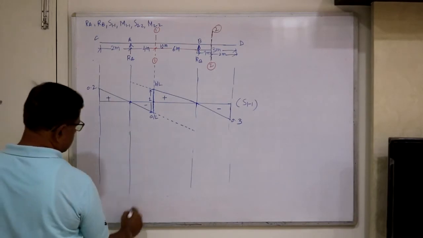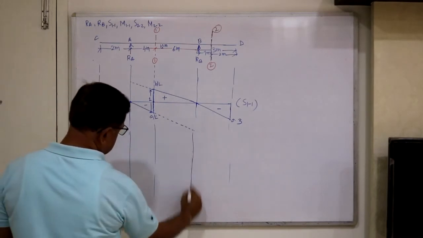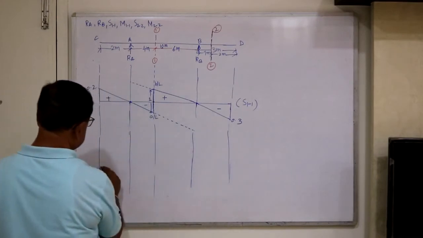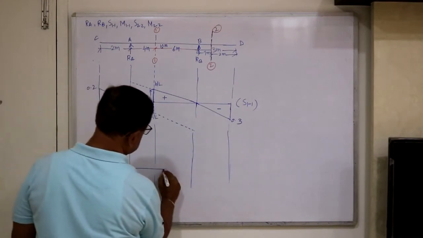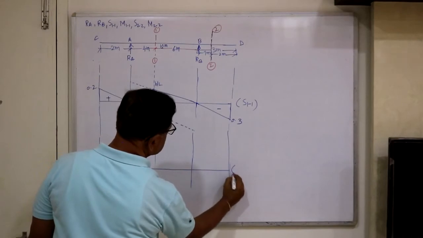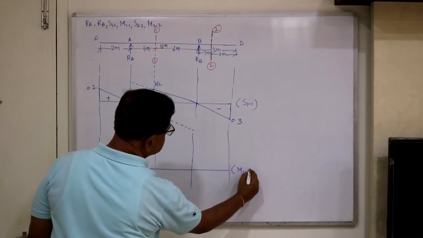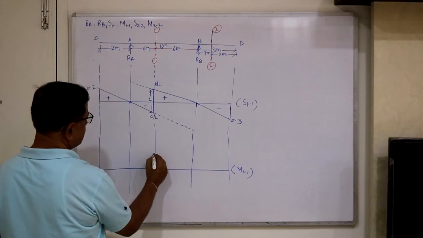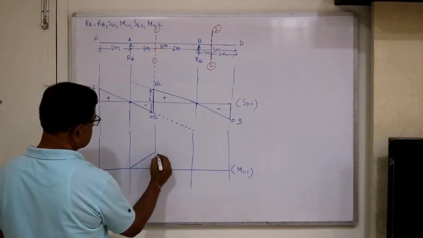Now next, let's say only simply supported beam. If you know the ILD for simply supported beam, say M11. Say M11 we know for simply supported beam is this.